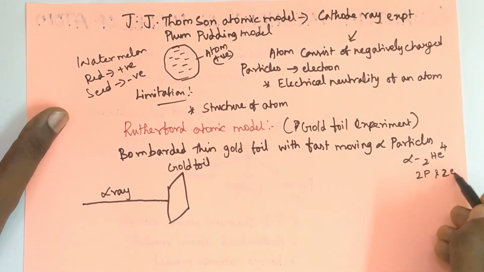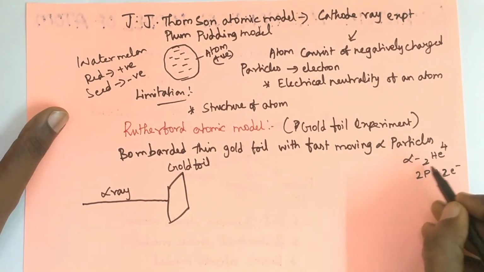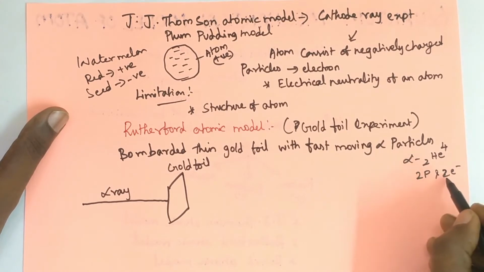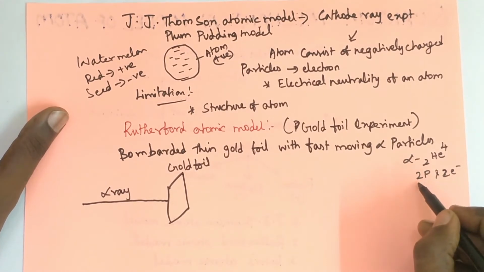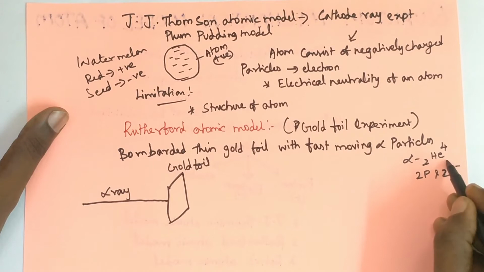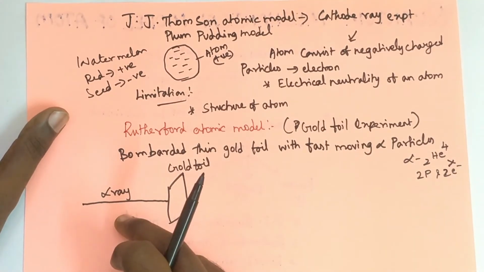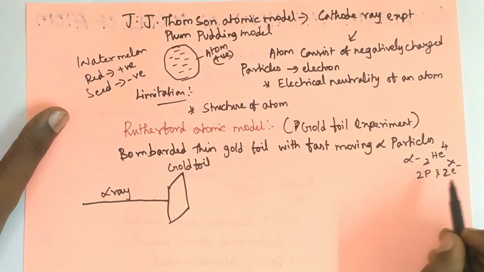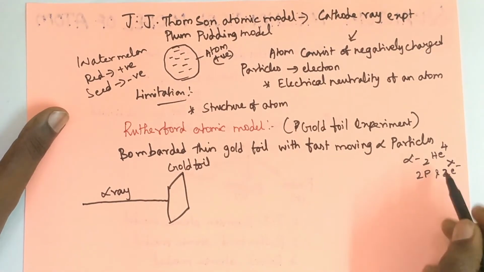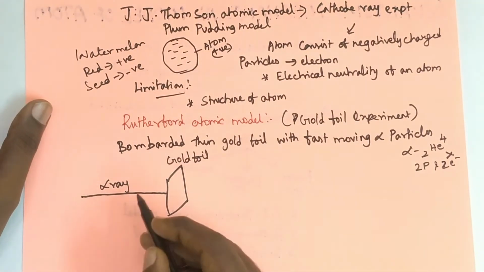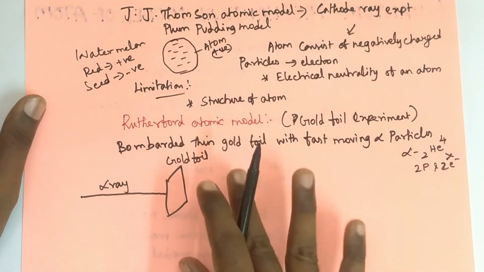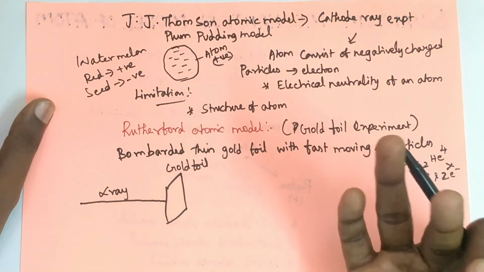We studied this in lower classes: the atomic number denotes protons, and protons and electrons are the same in number. In alpha particles the electrons are removed, so only the 2 protons are considered. When you pass this alpha ray through the thin gold foil, he observed 3 things.